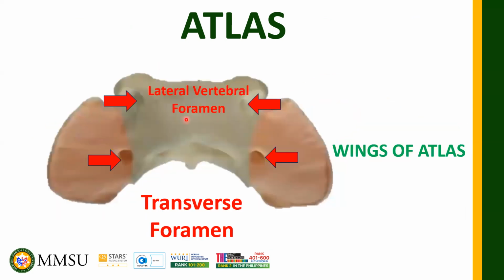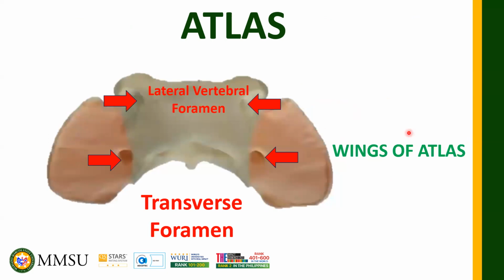And then we have here the wings of Atlas, etong pinakabuo na to. And then etong mga maliliit na butas, we have the transverse foramen, and then yung mga mas maliliit pa, we call that one as the lateral vertebral foramen. So yung pinaka-wings ng atlas, it usually refers to the transverse process.